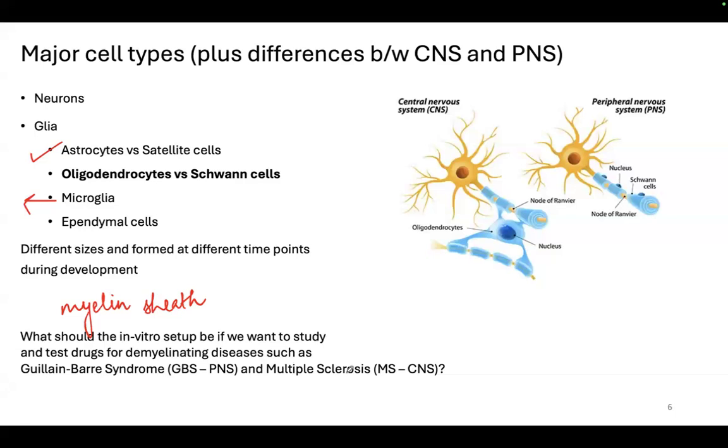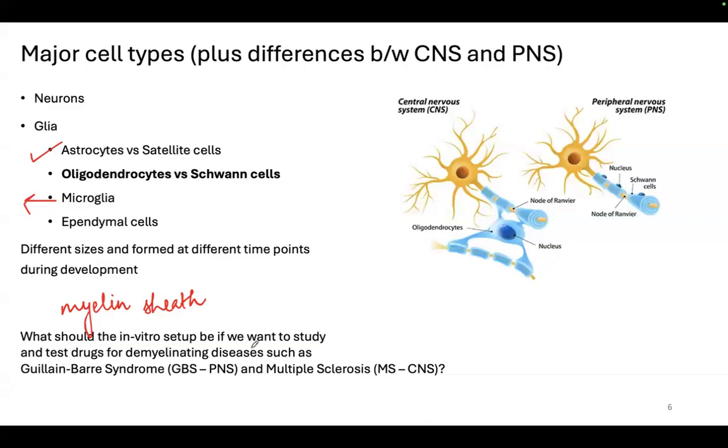If you want to test drugs which can reduce the rate of this degradation or which can ensure that myelination happens better, you want to have neurons, and you want oligodendrocytes or Schwann cells, whichever of the myelinating cells. You want both of them. Then you test a drug and see if there's any improvement.